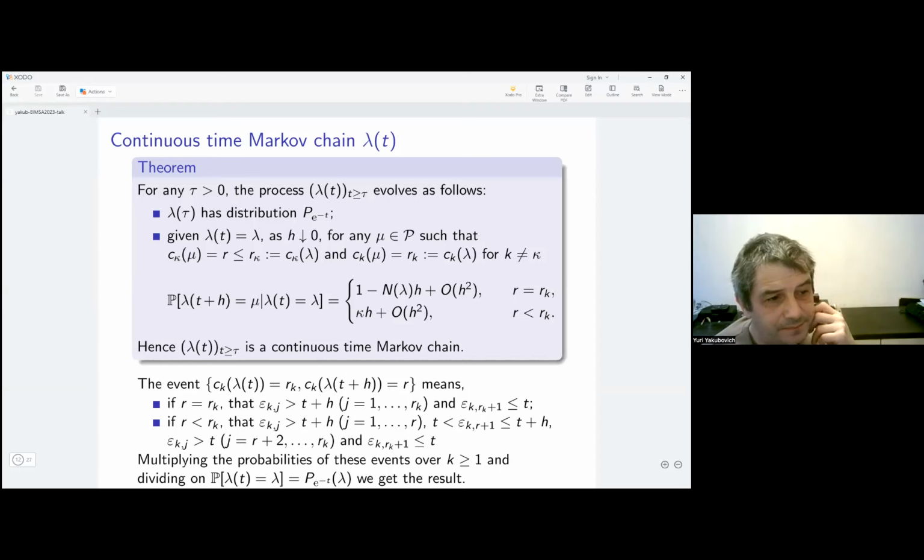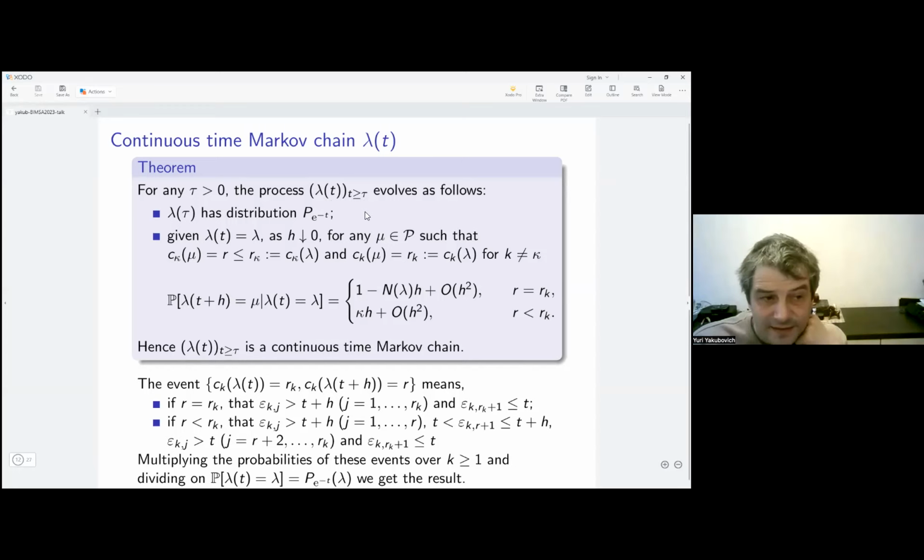And actually this partition valued process which we defined is a Markov chain. And in order to make it a classical Markov chain, which should have some initial distribution, we cannot start it from time zero, because lambda of zero isn't defined at all. But we can start it from any fixed moment tau.